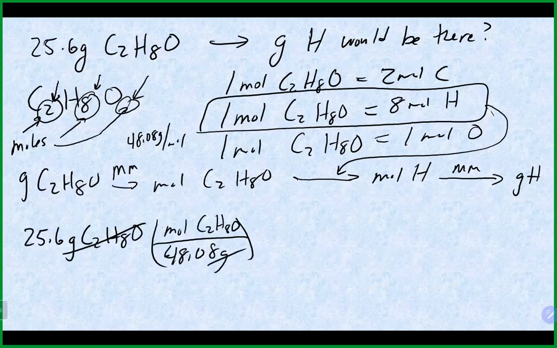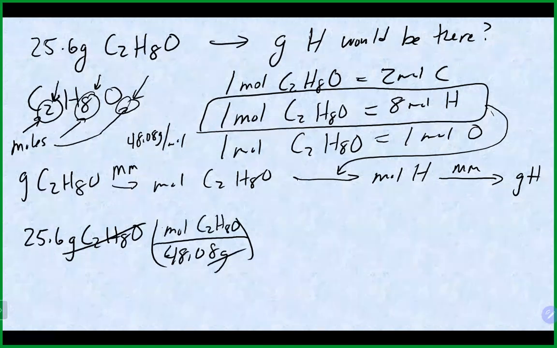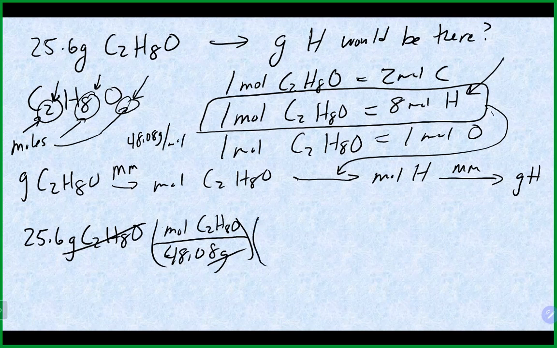Once again, if we stopped here, we're in the whole formula. This is where the conversion factor we got from the formula will come into play. That gives us in 1 mole of the entire thing, from the formula, there are 8 moles of hydrogen. So that is our conversion that allows us to go from the whole thing to just hydrogen.